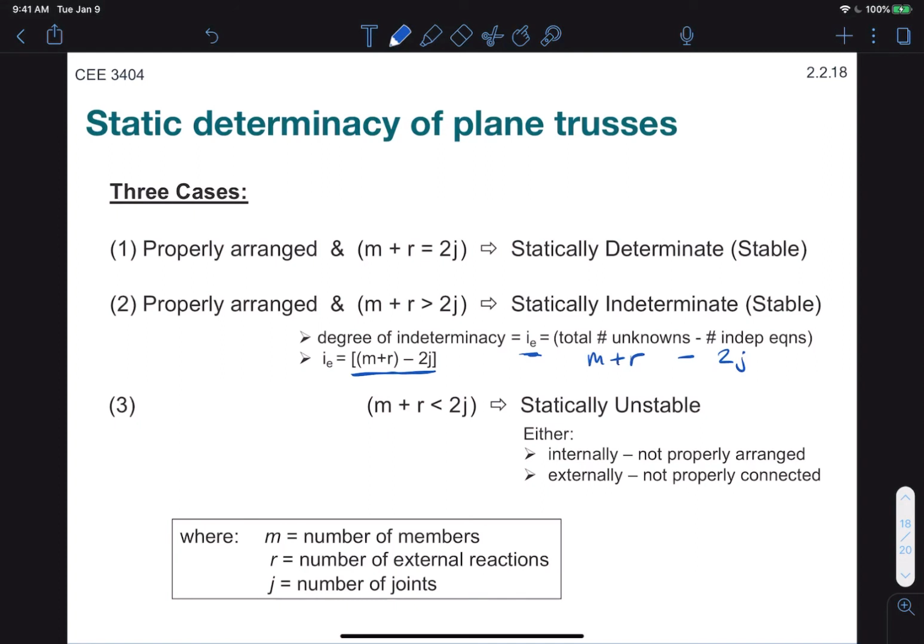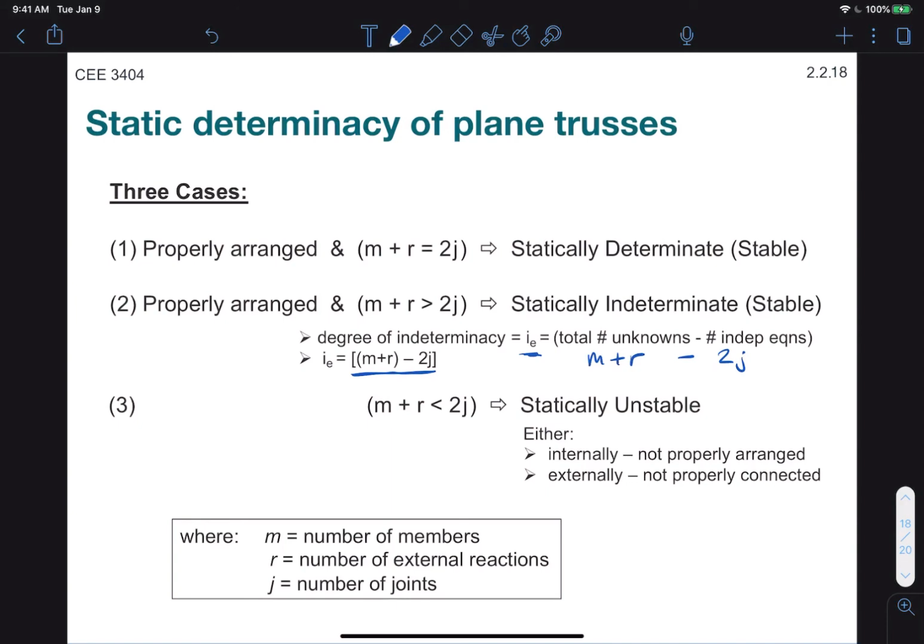So if you have only two reactions, that would, for example, give you a statically unstable structure. Okay? So this is really your go-to slide from this lesson, where all the information is condensed in a nice little set of equations.